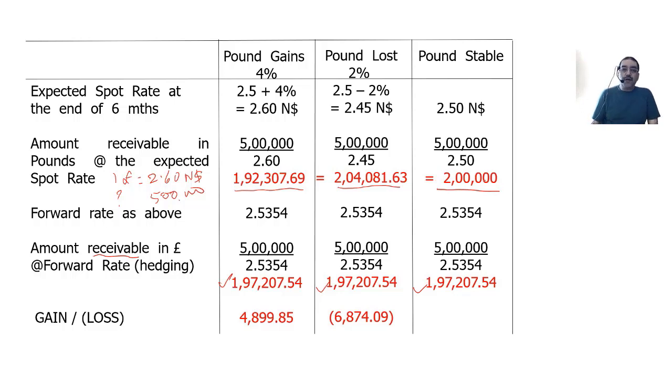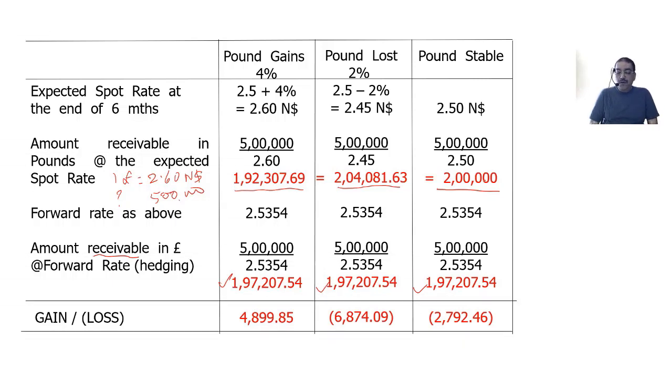So I have suffered a loss again of 2,792.46. So taking a forward cover will benefit only if the pound gains by 4%. In all other cases, I will suffer a loss.